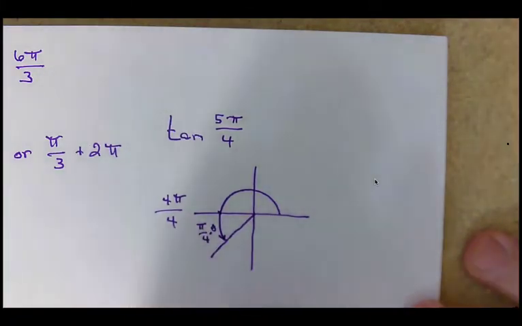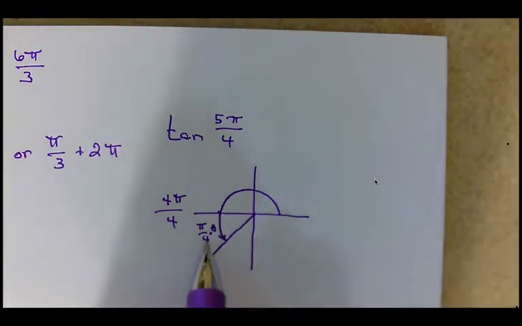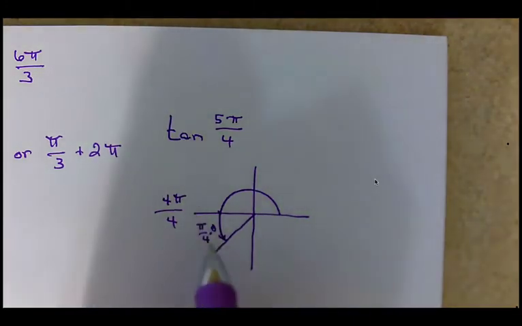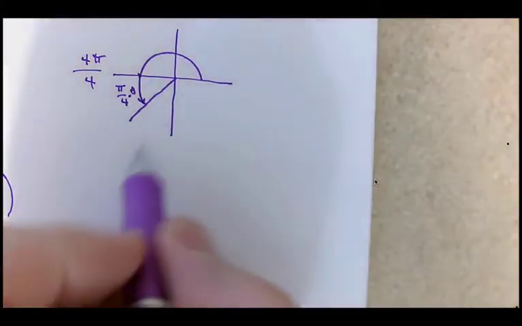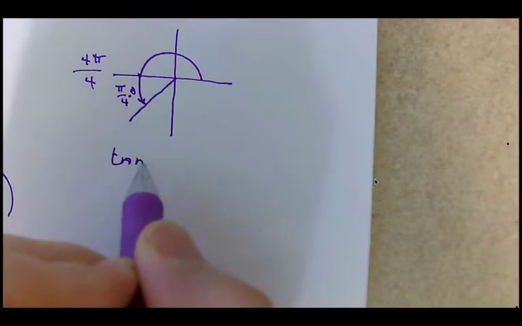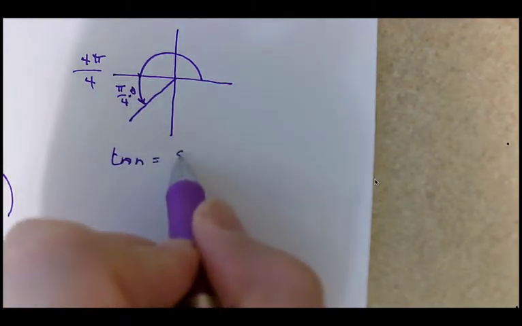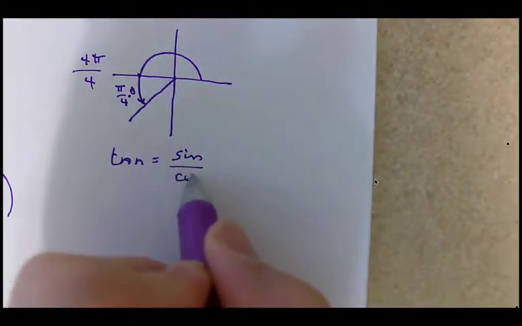Okay. What do we know about the tangent of 45 degrees? Well, we know that the tangent is equal to sine over cosine.